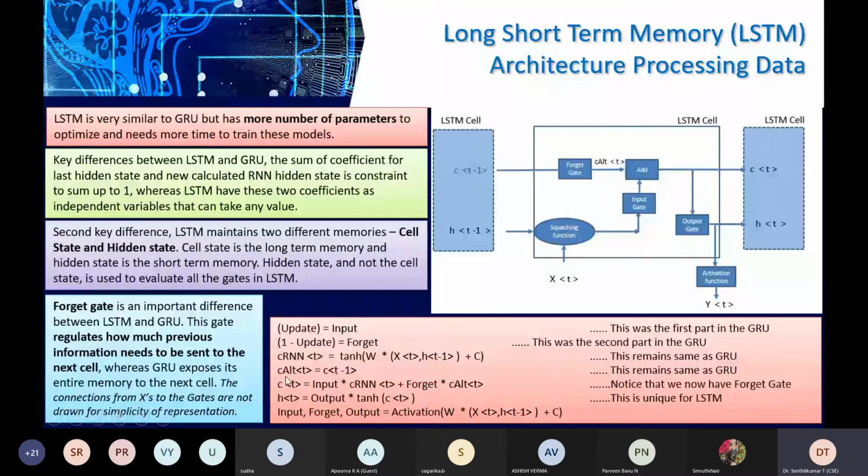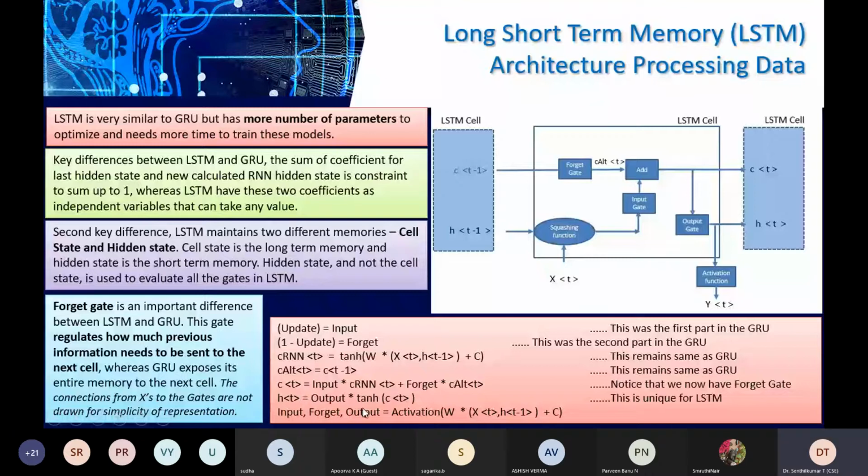The next one is where we will try to calculate the value for the forget gate, right? So the first one that you have calculated is for the input. Now what we are calculating is for the forget gate here, right? The last one is the output gate, which you can see here. This is unique. This will not resemble GRU, right?